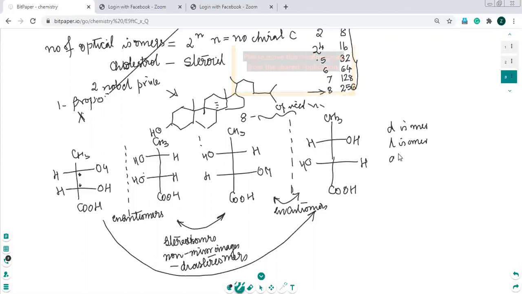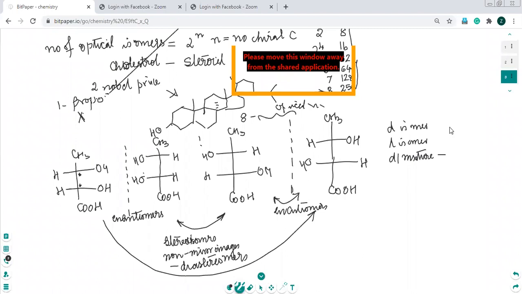DL is the DL mixture, not isomer. DL mixture, equal amount of the D and L form. This will be optically active with plus rotation. This will be with minus rotation, and this will be plus minus, that is 0.